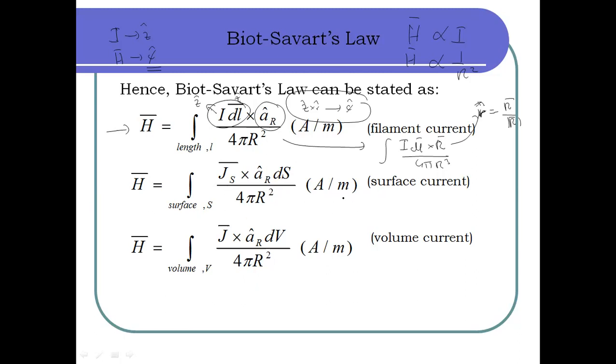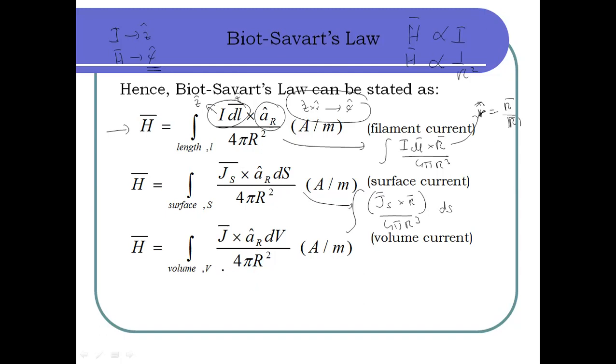So we have Js vector dS cross the unit vector of R, which we can also write as Js vector cross R vector divided by 4 pi R to the power of 3 and dS. Initially dS is multiplied with the Js vector, but dS can be taken to the most right-hand side, because we have to integrate it to find the H field.